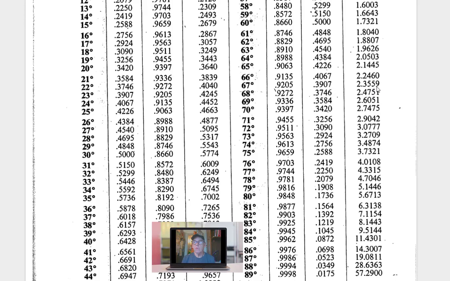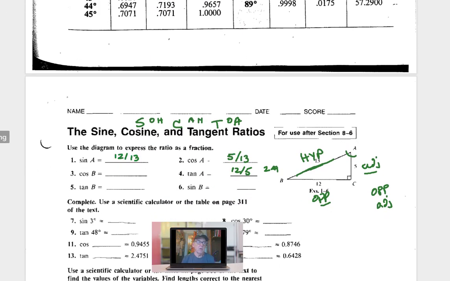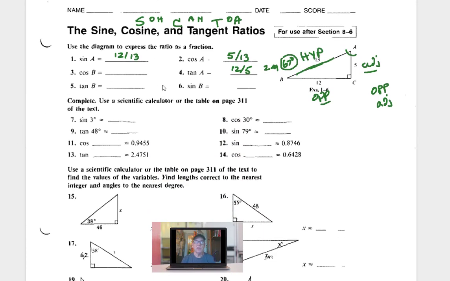This is like 4 something away. This is the closest one. It's a little bit more than 67 degrees for that angle measure. That's how I can use the table. So if I needed to find the angle, it's around 67 degrees. We don't have to do that for these, but that's how the table would be used. We'll do that on the next section.